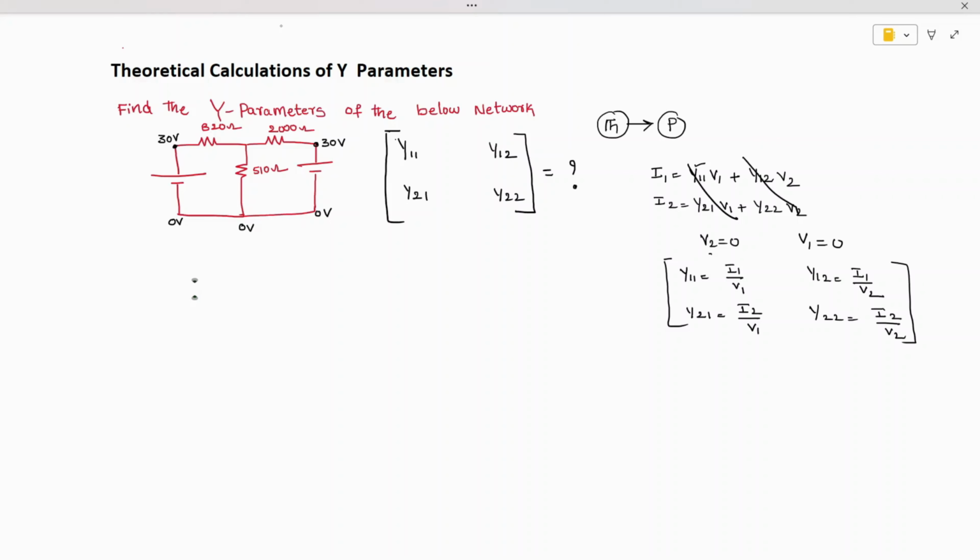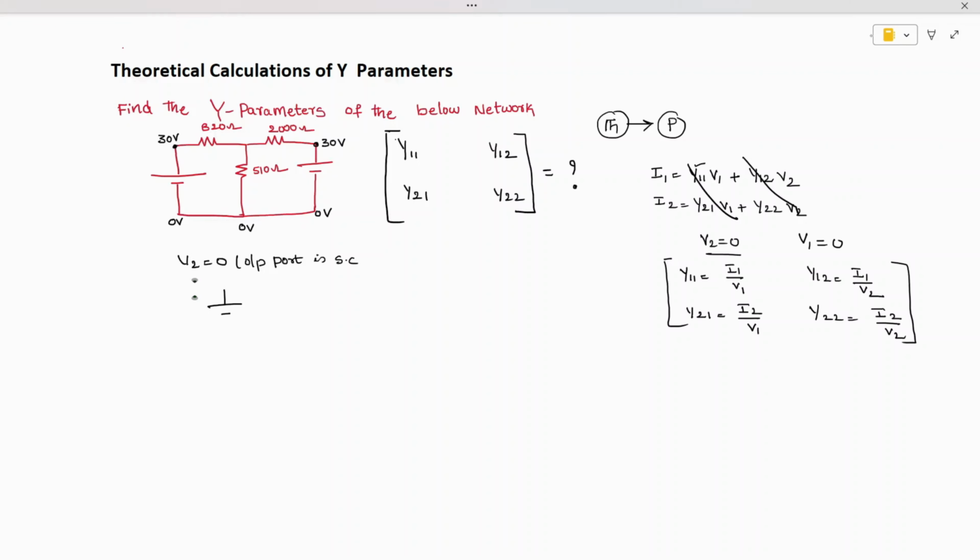The first step of solving is that we need to make the output port 0, that is V2 equal to 0. The meaning of V2 being 0 is that the output port is short circuited, so automatically this port voltage will be 0. Now let's redraw the network.